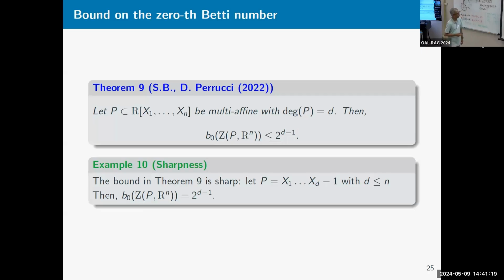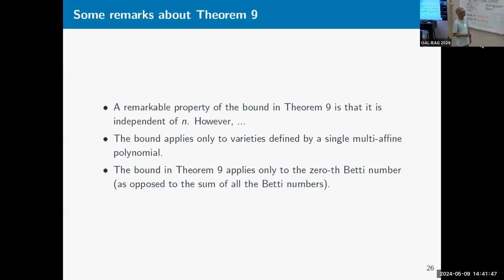But if you look at a hypersurface defined by a multi-affine polynomial of degree d, then the number of connected components, only the zeroth Betti number, not the higher ones, as far as we know, can be bounded independent of n, depending just on the degree d. And this bound is sharp, because you can take a multi-affine polynomial like this and you get that.